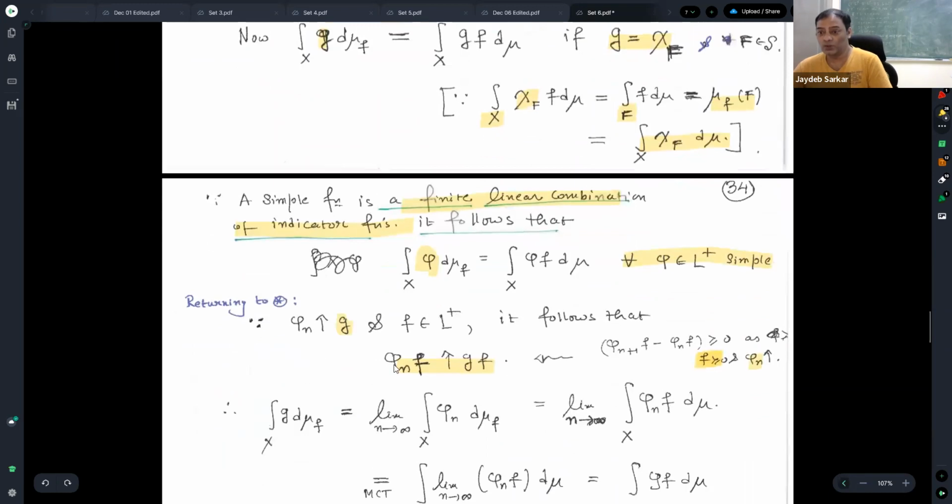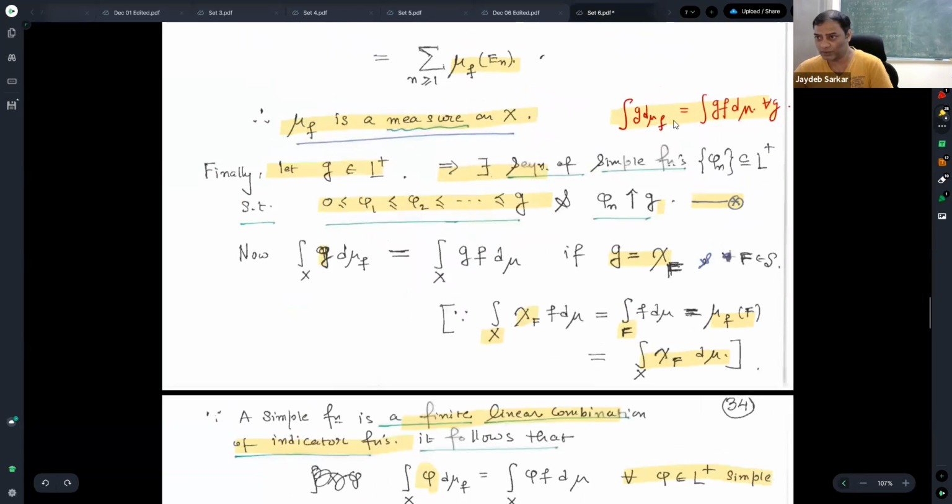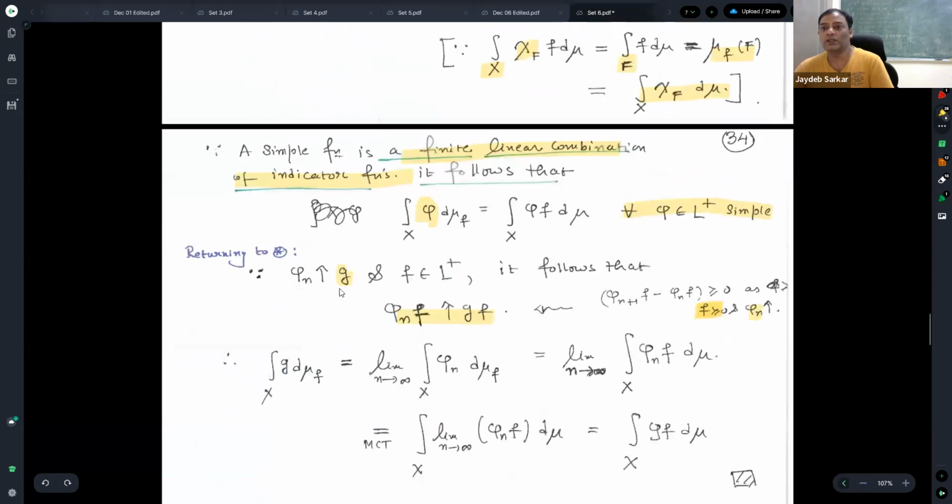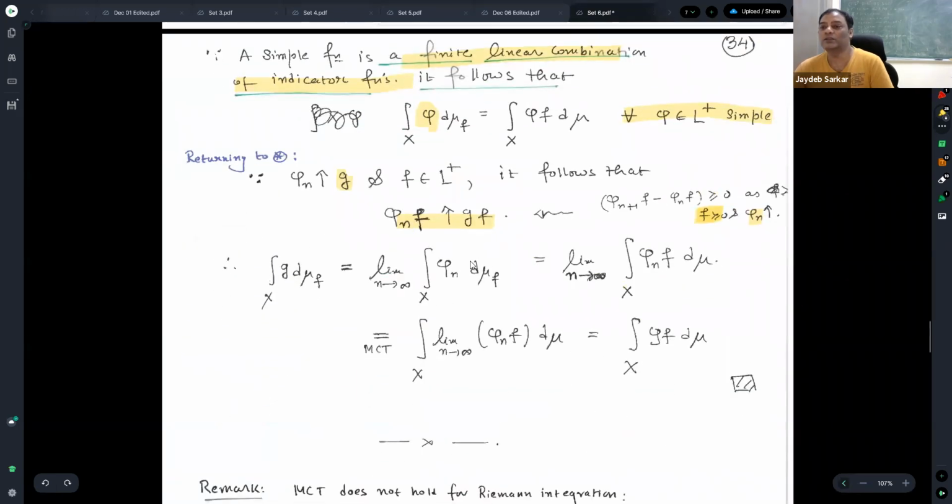Okay, so this also converges to g f, and therefore the integral of g d mu f, what you want to prove, since mu f is a measure, already you know that it is going to be equal, by MCT. This is by MCT. Remember, we can pass through the limit.